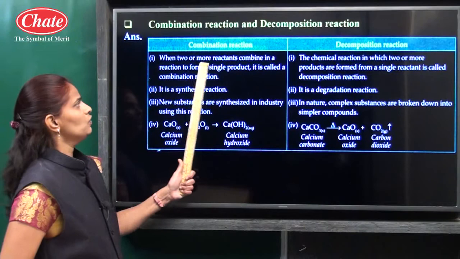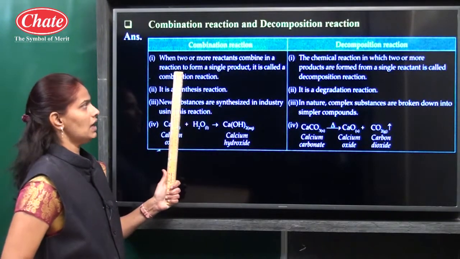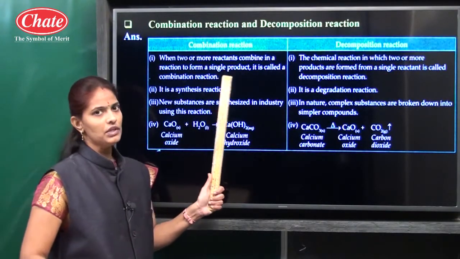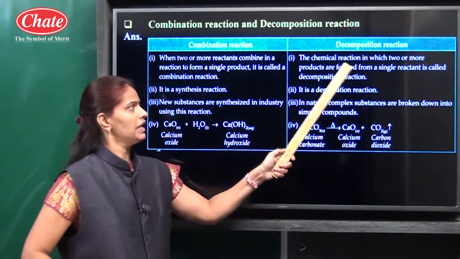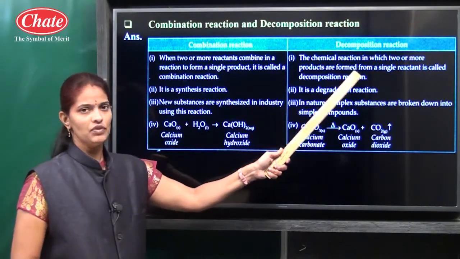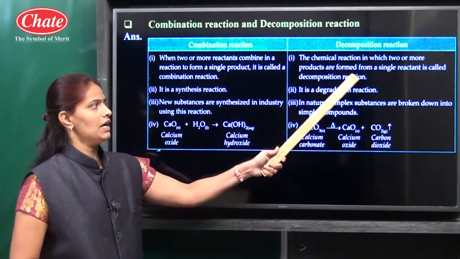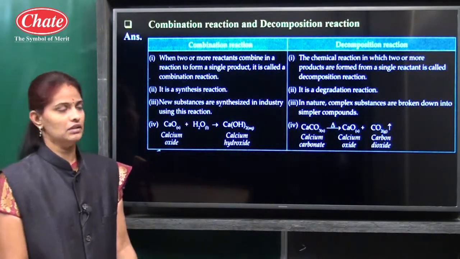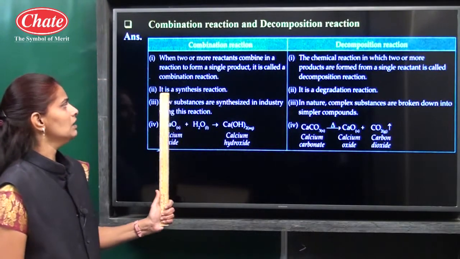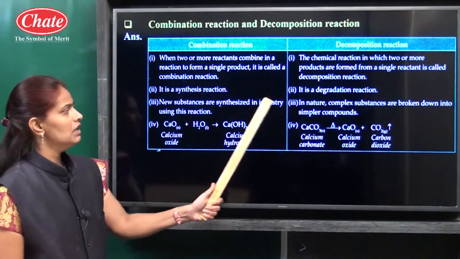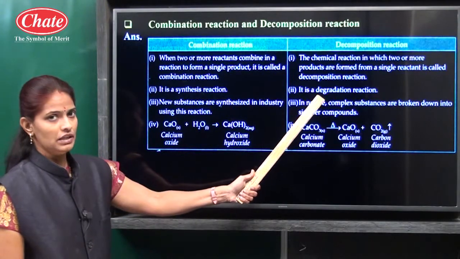So first, when 2 or more reactants combine in a reaction to form a single product, it is called a combination reaction. And the chemical reaction in which 2 or more products are formed from a single reactant is called a decomposition reaction. Then the second point: it is a synthesis reaction, and the other is a degradation reaction.